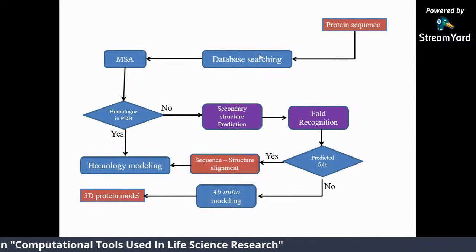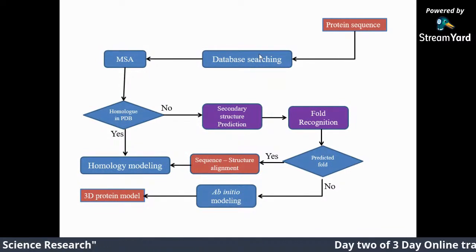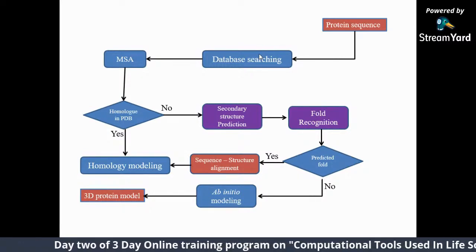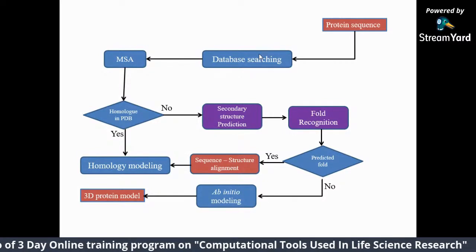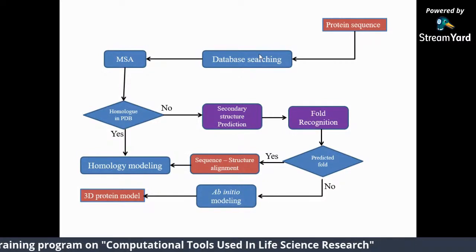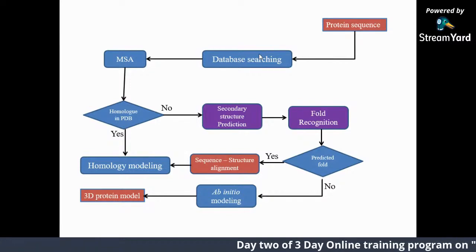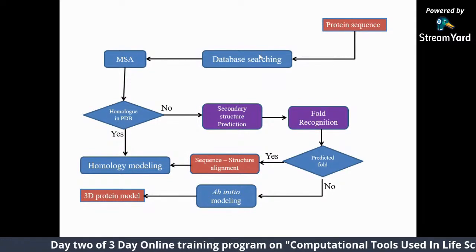Then we need to perform an MSA, that is multiple sequence alignment, or simply pairwise alignment between the protein sequence and the protein sequence of the existing structure.